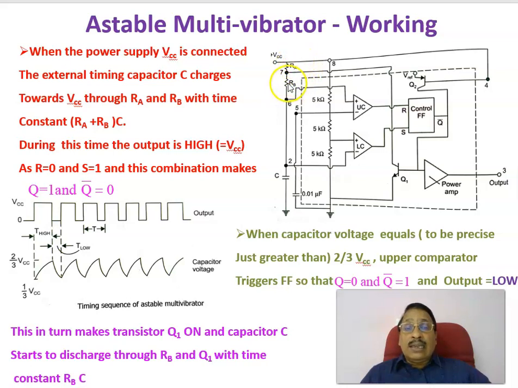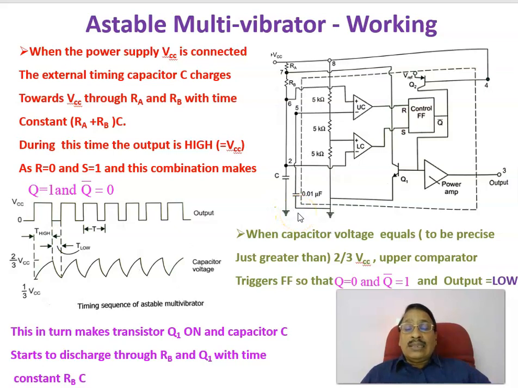So this is RA and this is RB, and then pins number 6 and 2 are shorted. That is, 2 is the trigger and 6 is the threshold, and from that shorted pin we are connecting a capacitor C externally to ground. Therefore that is the circuit diagram: RA, RB, and C externally connected.